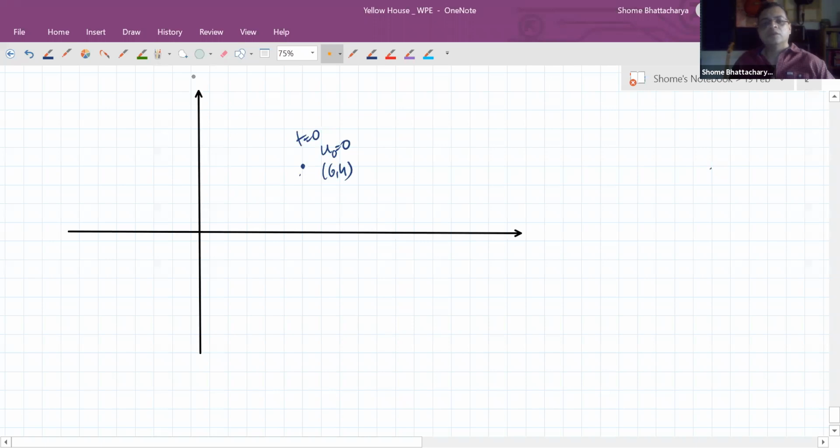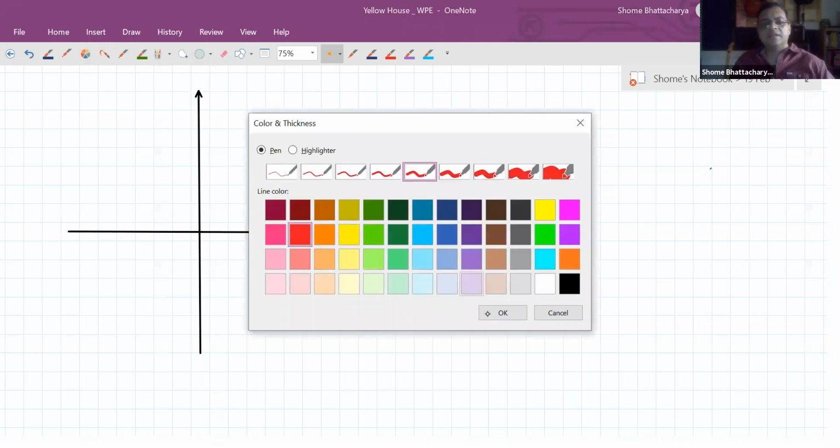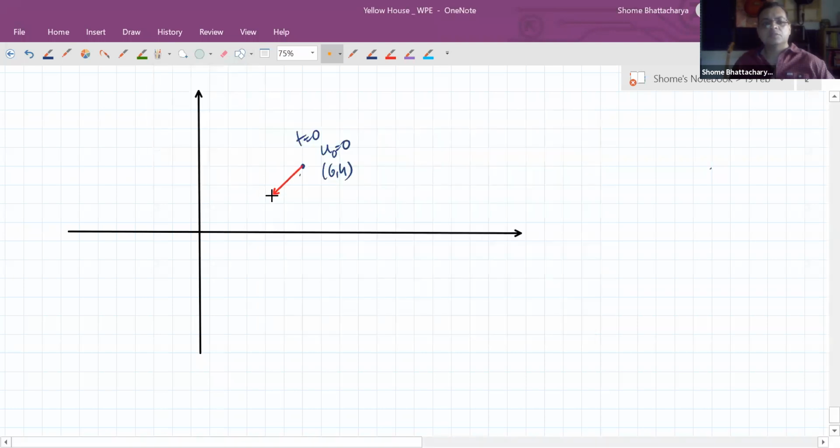But it has an acceleration, and we have calculated that acceleration vector to be minus 3 i cap minus 4 j cap in meters per second square. So the particle will have this kind of straight line path.